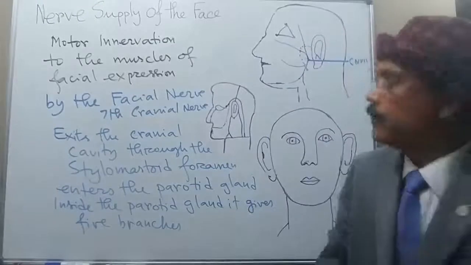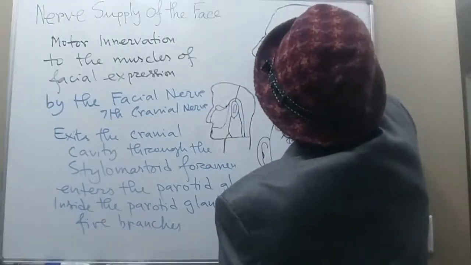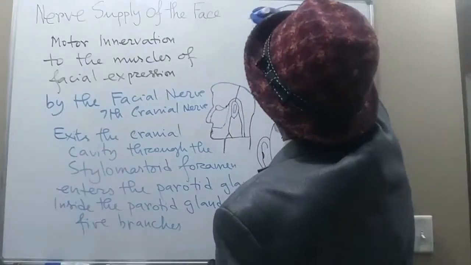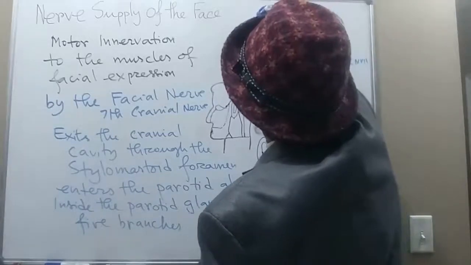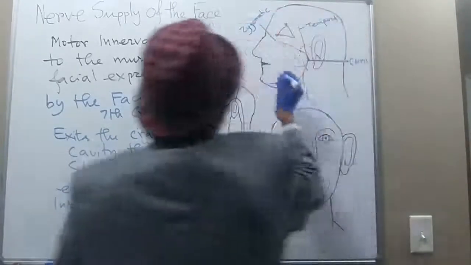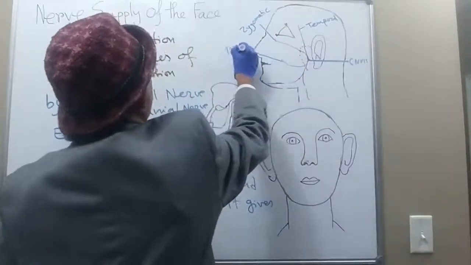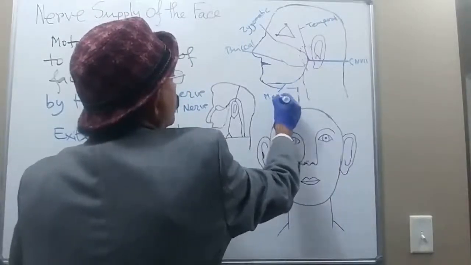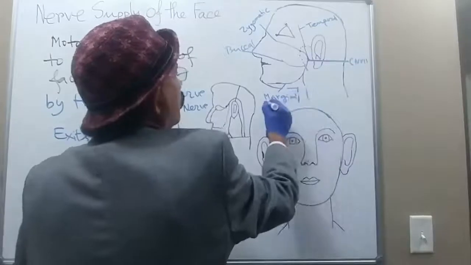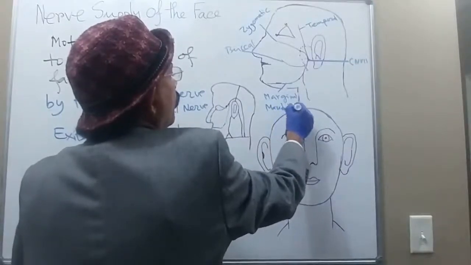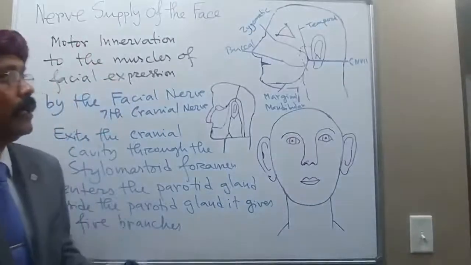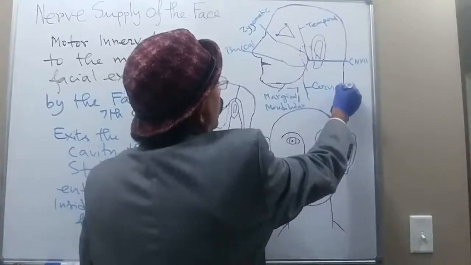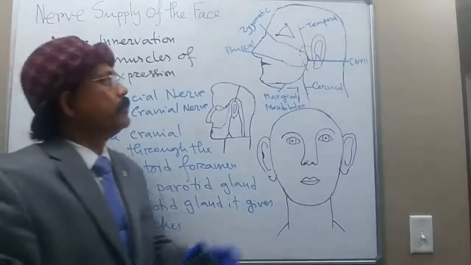These branches are the temporal branch, the zygomatic branch, the buccal branch, the marginal mandibular branch, and the cervical branch.